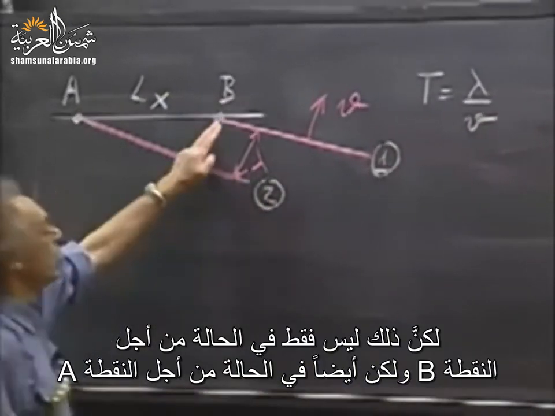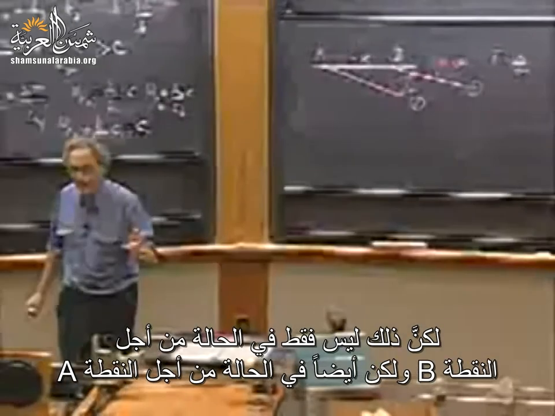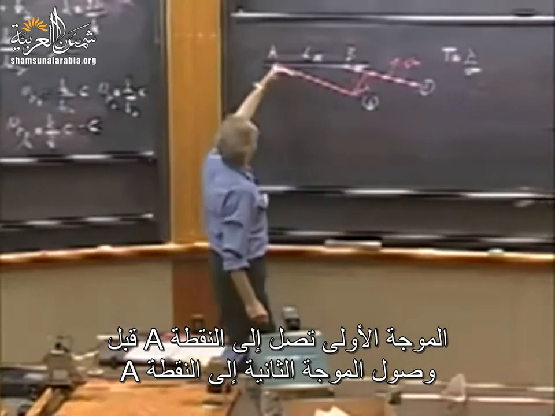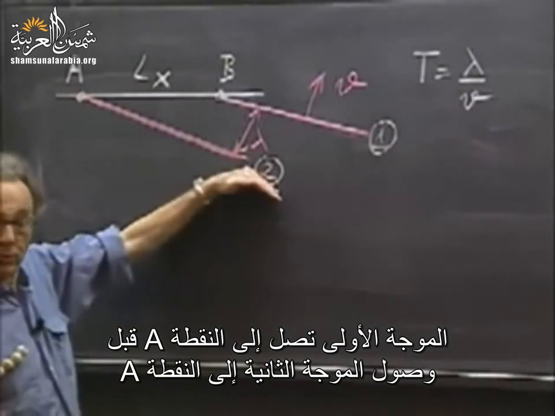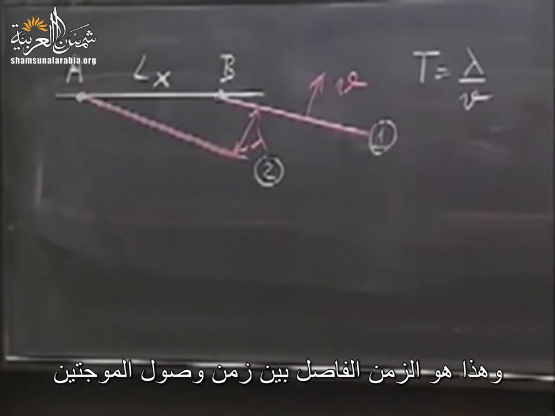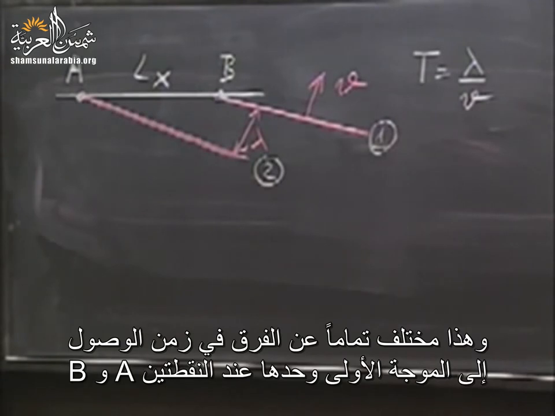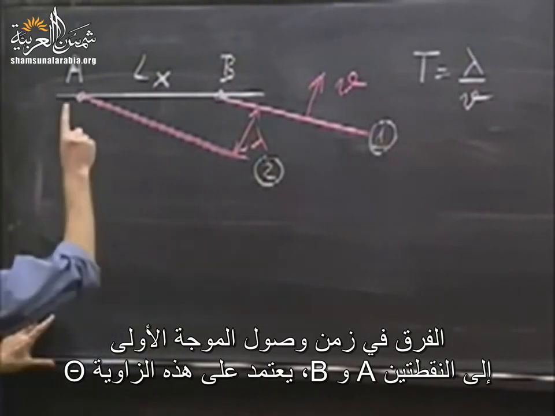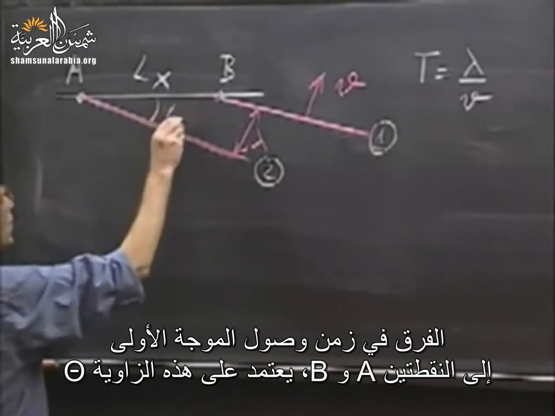That is trivial. But that's not only the case for point B, that is also the case for point A. This wave 1 reaches A before wave 2 reaches point A. And this is the time in between the arrival time of wave 1 and wave 2, which is a completely different question from what is the difference in arrival time of wave 1 alone at A and B. That difference in arrival time between one wave, between point A and B, depends on this angle theta.